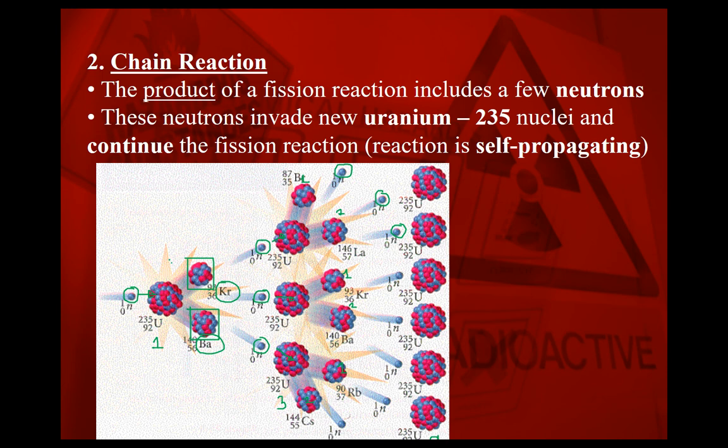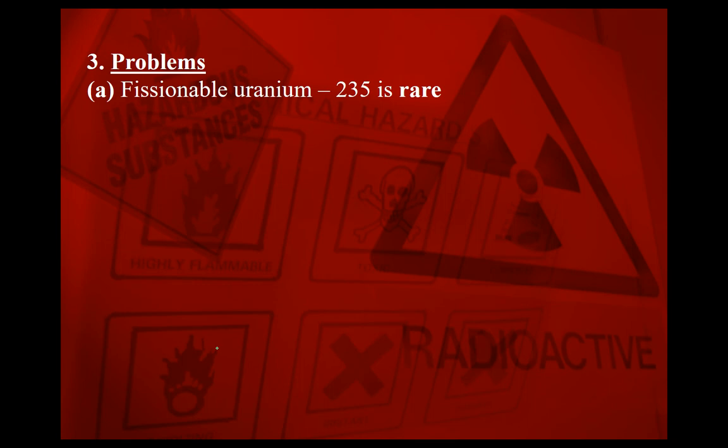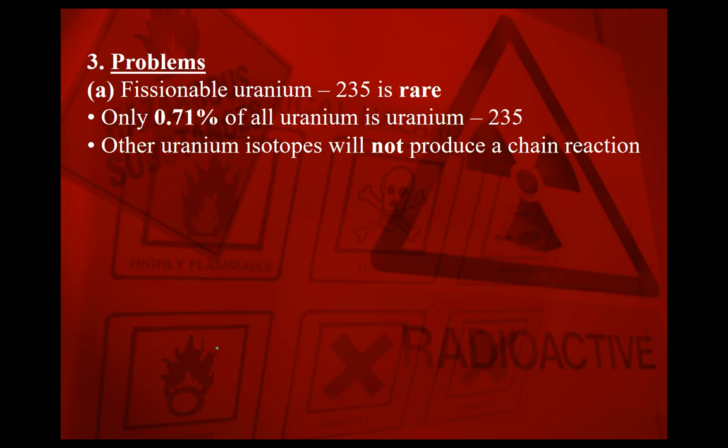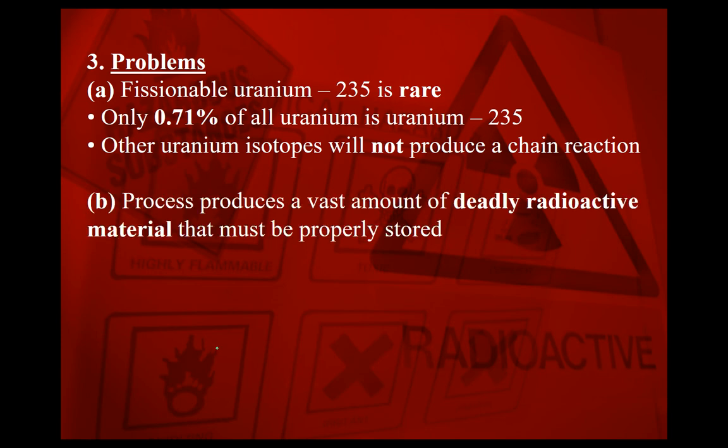What we're trying to do is get energy out of the actual reaction. But in the process, we get these byproducts, krypton and barium, which are radioactive. So they need to be stored, because you have all this nuclear waste. So this isn't the greatest energy source, because it's non-renewable, and you can't easily store that radioactive waste.